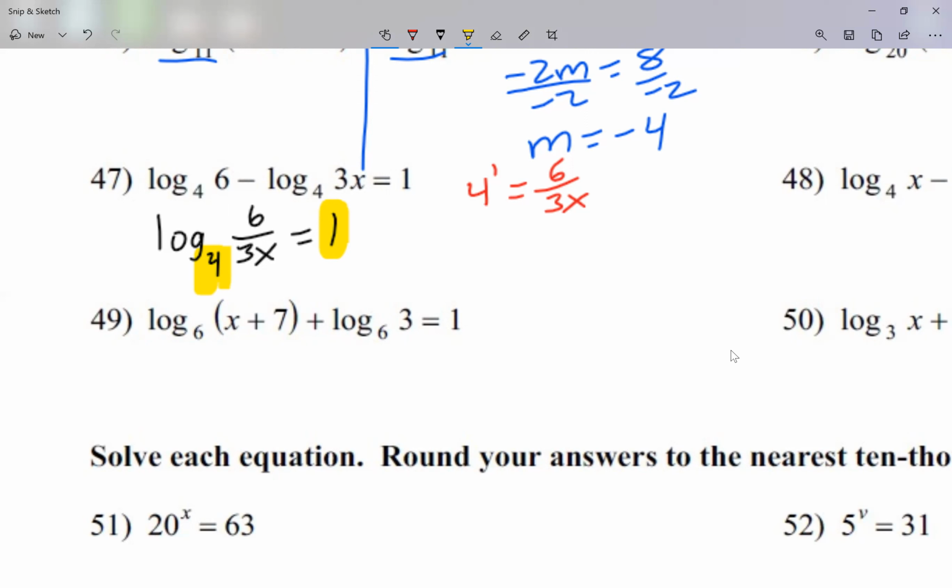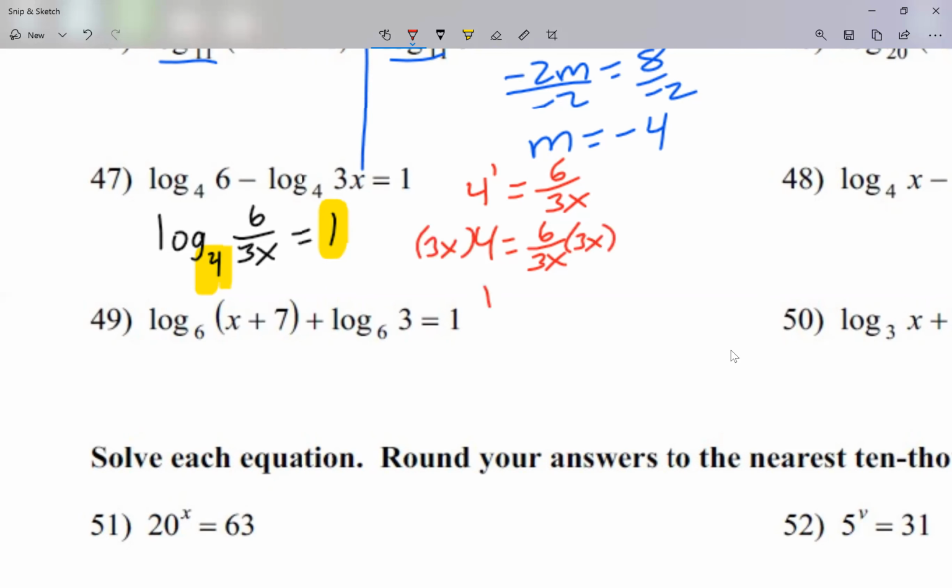Now 4 to the 1, isn't that just 4? So let me rewrite this as 4 is equal to 6 over 3x. Now, if you're like most people, you don't like fractions. So if you don't like fractions, get rid of it. I see a 3x at the bottom, so I'm going to multiply both sides by 3x. That's going to give me 12x is equal to 6, because those 3x's cancel out.